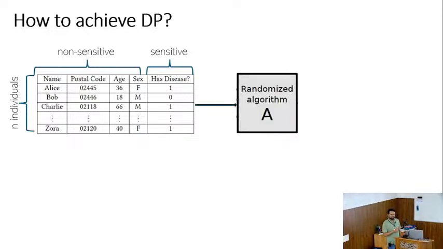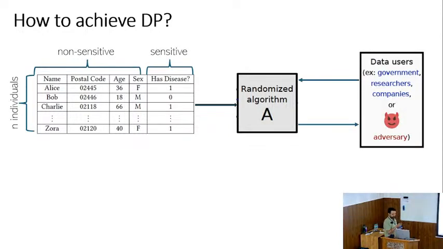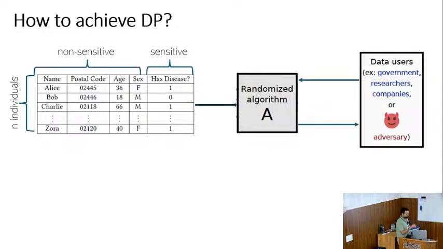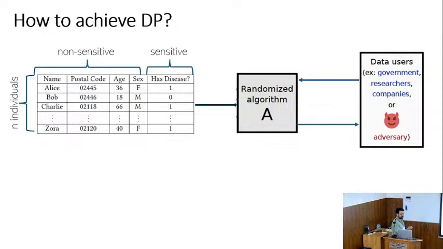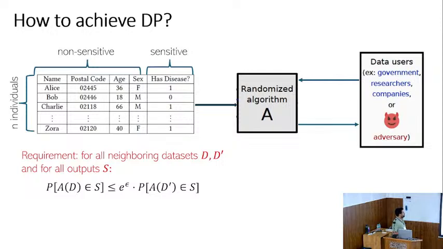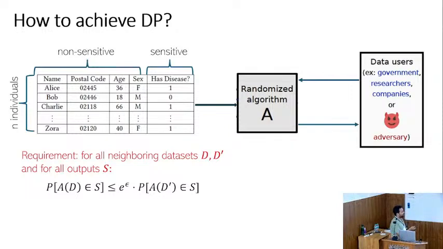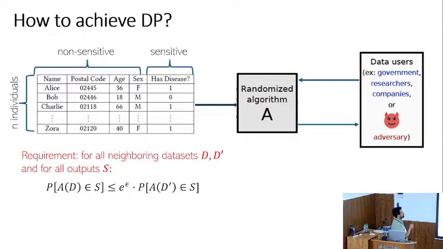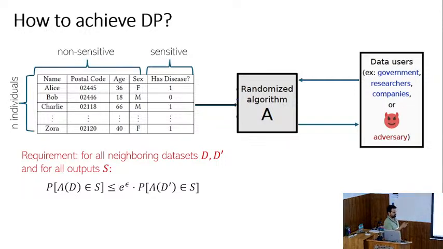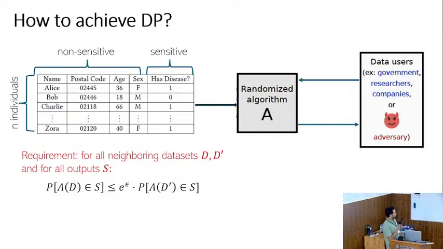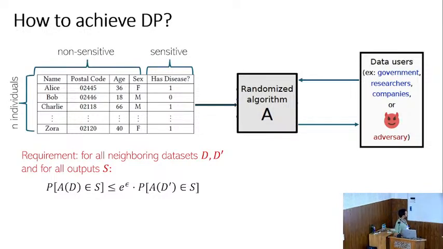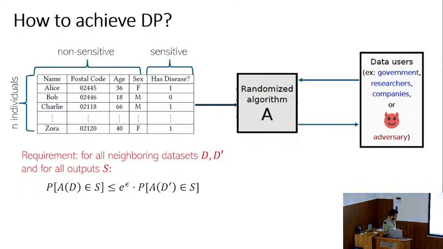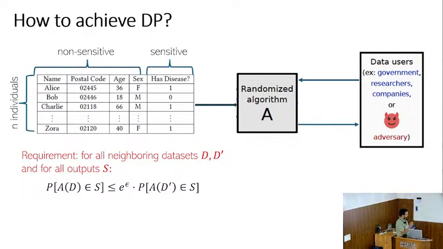This dataset is being passed to the randomized algorithm A, and the data users, which can be government, researchers, companies, or an adversary, can ask the randomized algorithm some query, and the algorithm will give the data users the answer to the queries. This is the overall statistical database privacy framework. The requirement of differential privacy is that for all neighboring datasets and for all outputs, the two distributions are close.